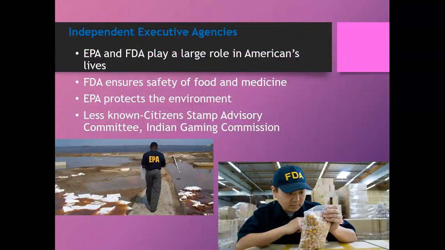So independent executive agencies. Let's go through these a little bit. They play a major role in Americans' lives. Many Americans will see or deal with them, and it will affect them in some way. Why is that important? Well, the FDA ensures safety of food and medicine.